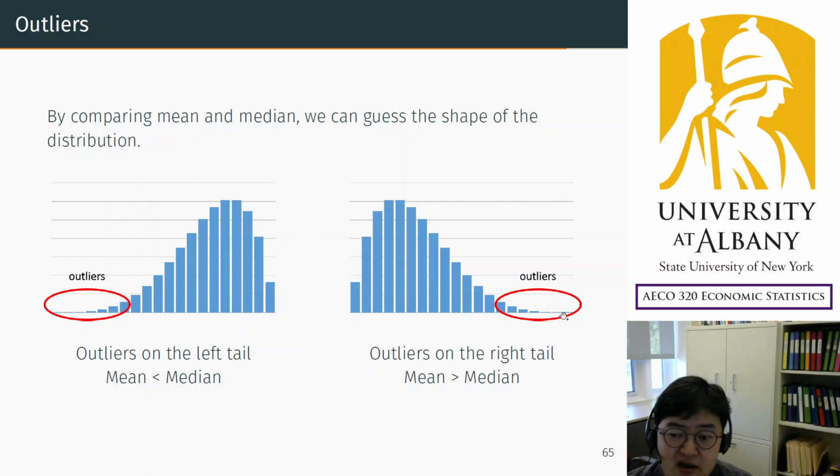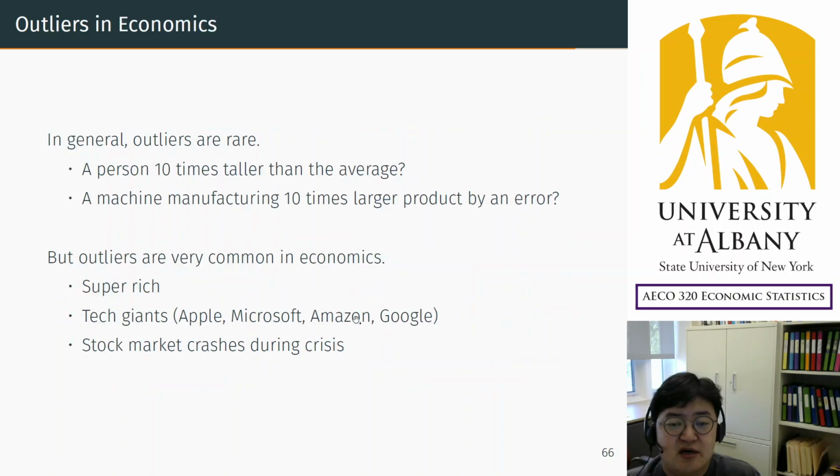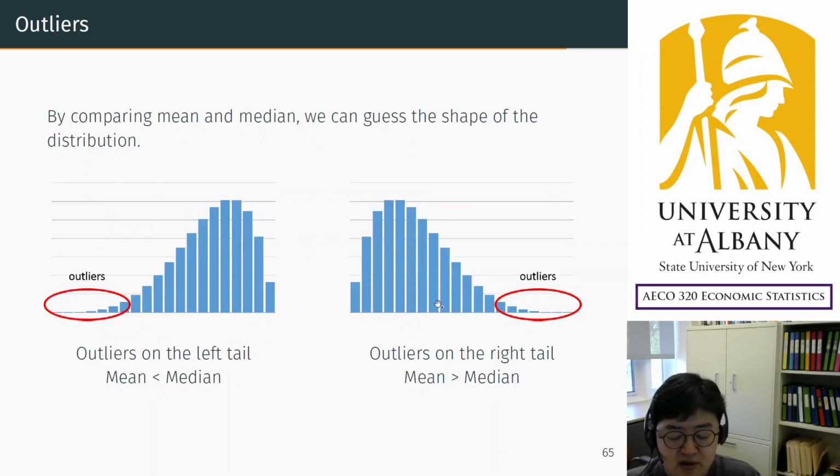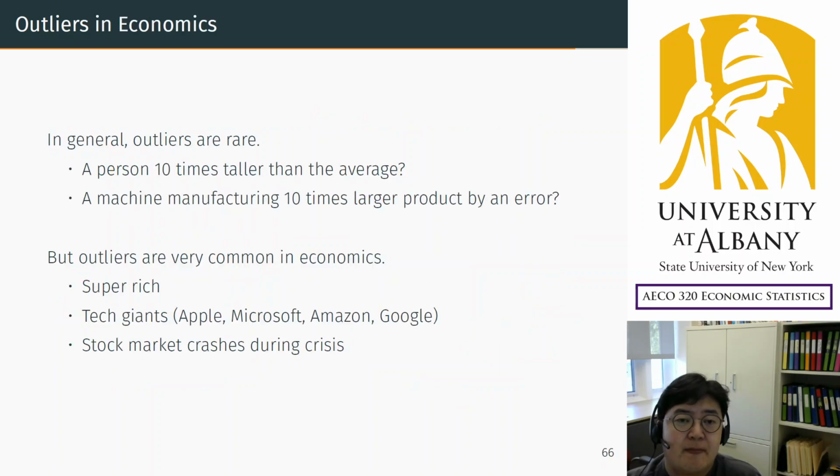Symmetrically, this is the case we just had. California and Texas are in the right tail. The right tail is long and there are outliers. So in this case, the mean is greater than the median, right? As the tail gets longer, the difference will be larger. Okay, so these are the outliers. The effect of outliers can contaminate the results.